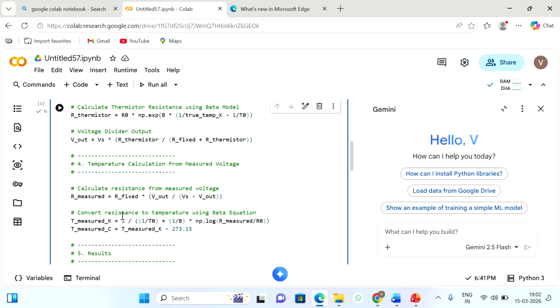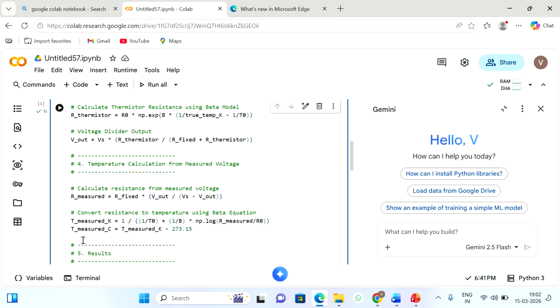Now T equal to, how will we write this expression? T is equal to 1 whole divided by 1 by T naught plus 1 by B ln R by R naught. So R means whatever the value at that time instant. So this gives temperature in Kelvin, and again we have to convert to Celsius.